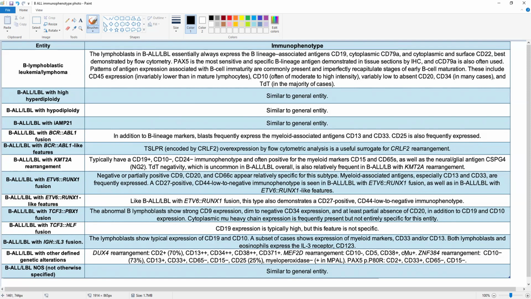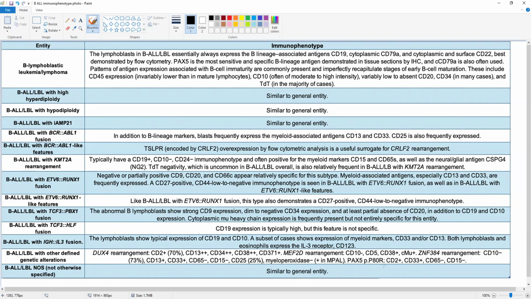As for ZNF384 rearrangement, these can be CD10 negative and positive for some myeloid markers like CD13 and CD33. And as for the PAX5 alteration here, these can be positive for CD2 as well as CD33. So the general message that I'm trying to convey here is that we have a general immunophenotype.